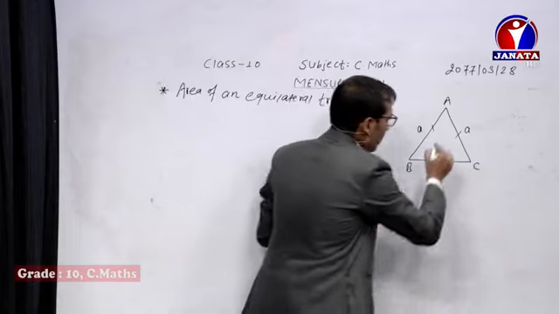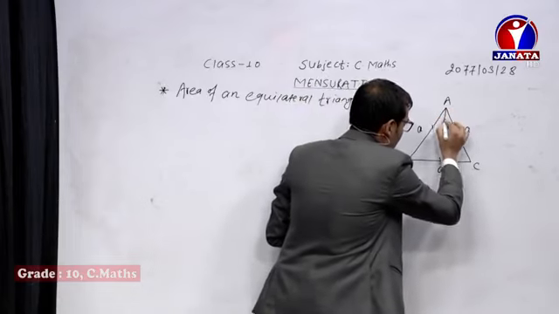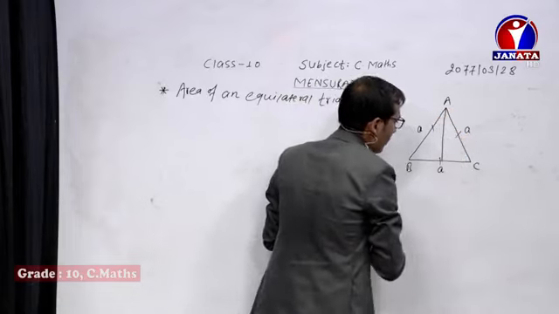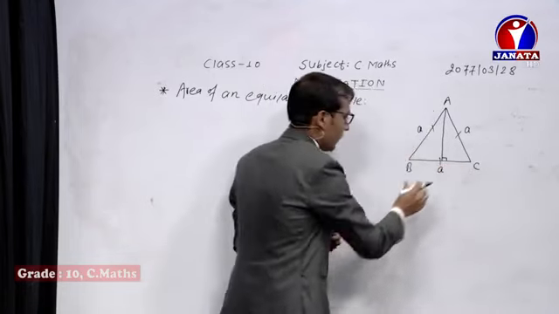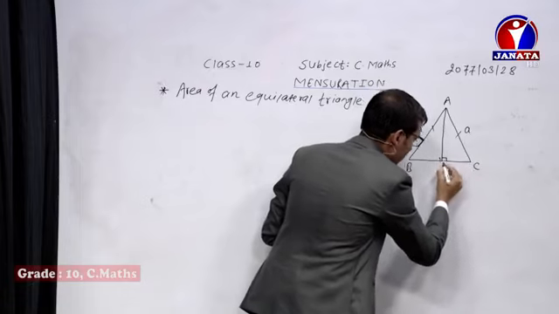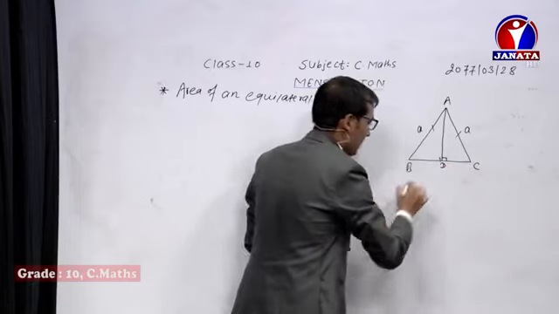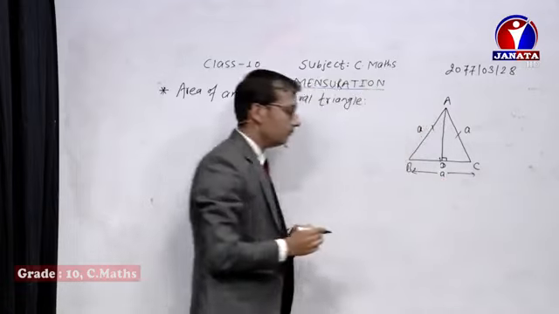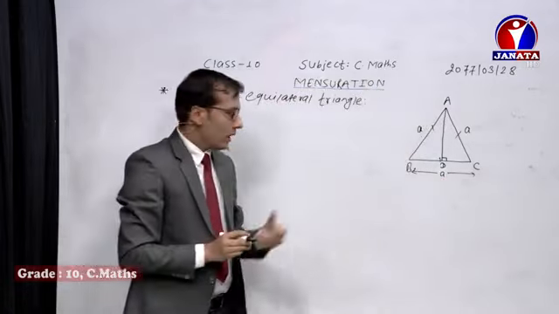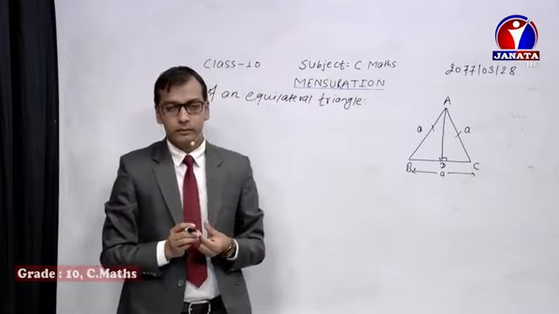So for this, let's draw a perpendicular or height from the vertex. Let me write this point is D and the base side is A. Equilateral triangle has a special feature.